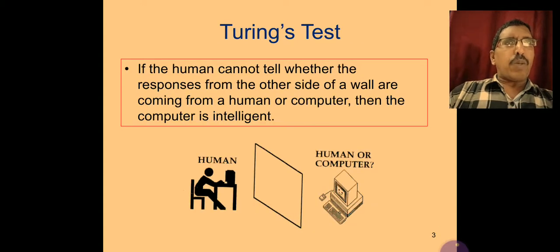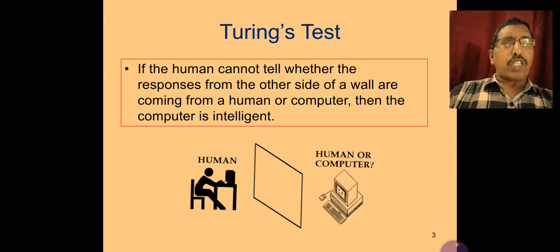Many of you might not have heard the name Alan Turing. He is a pioneer in the field of computation. He developed a test famously called the Turing test. In the figure below, you will find a man sitting with his personal computer. There is a wall separating him and another computer.